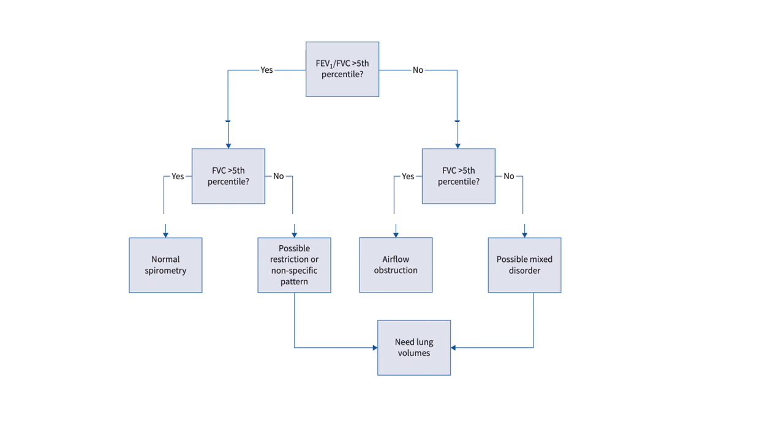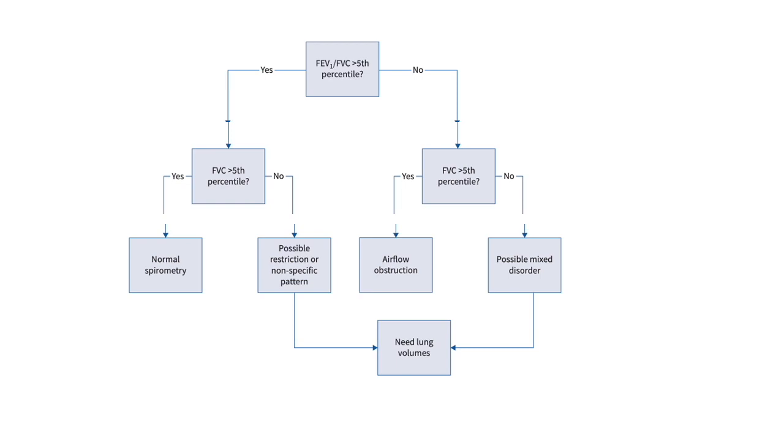Now there come two complex situations where your FEV1 on FVC is normal but your forced vital capacity is not normal. Again, it implies possibly there will be a restriction, but we also have a non-specific pattern that can exist here, and we will need lung volumes to confirm. If your patient does not have a normal ratio but his FVC is normal, then we can say that there is an obstructive ventilatory impairment.